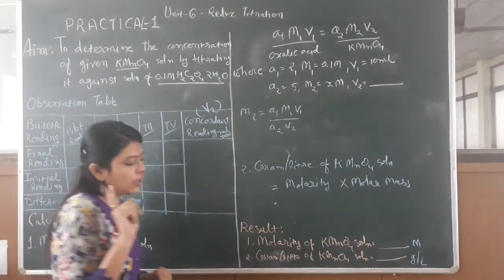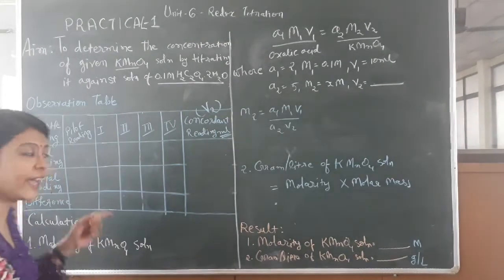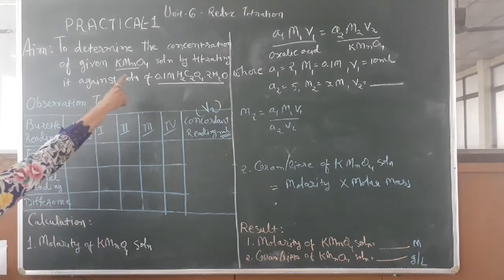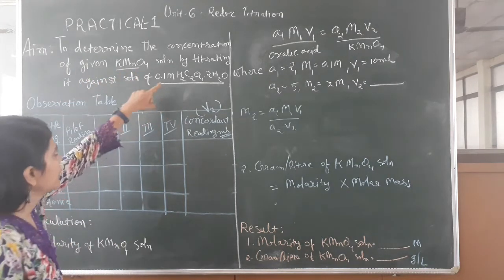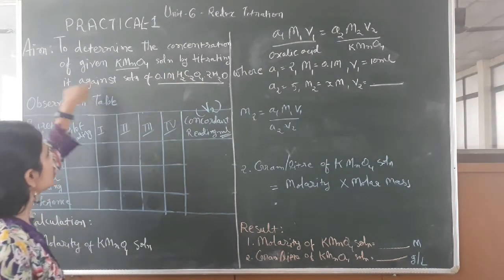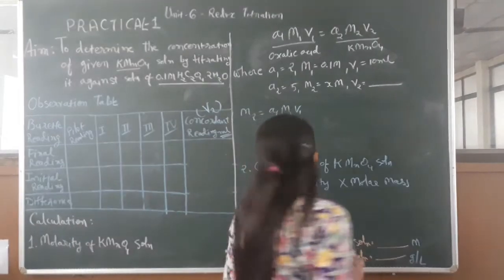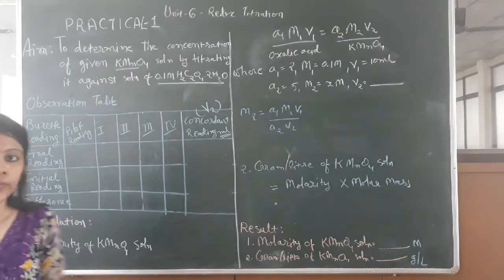First, KMnO4 versus oxalic acid. Practical 1, aim: to determine the concentration of given KMnO4 solution by titrating it against 0.1 molar oxalic acid solution. Here we have to find out the molarity of KMnO4.